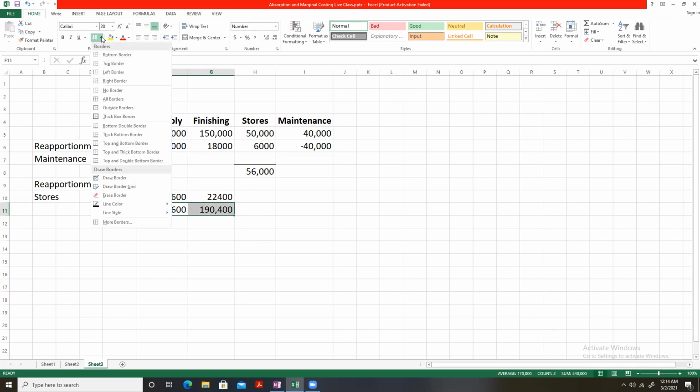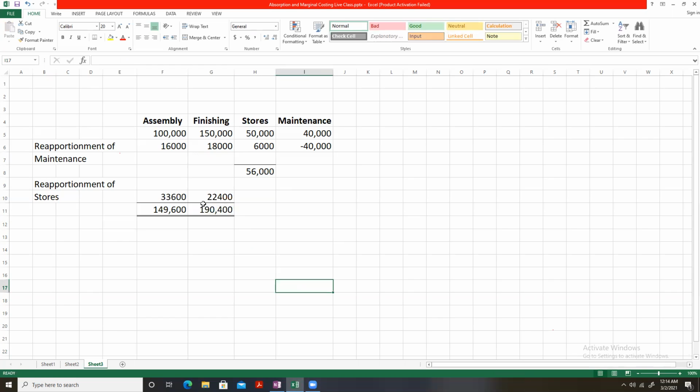So these are the total overheads reapportioned and allocated to the assembly and the finishing departments: 149,600 for the assembly and 190,400 for the finishing.